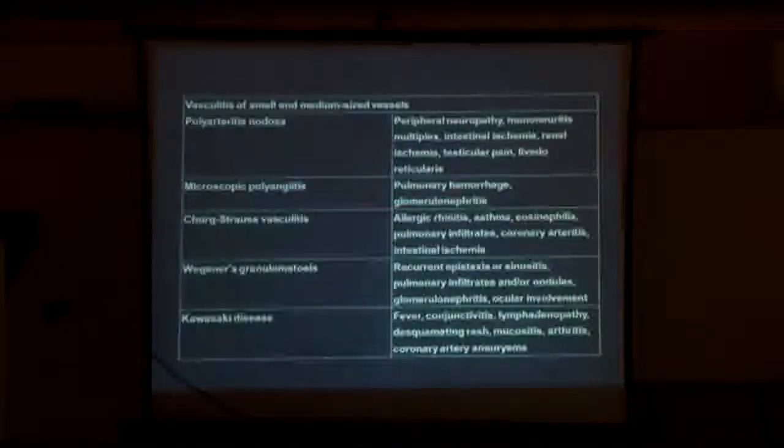Microscopic polyangiitis, where always there is involvement of the respiratory tract, in microscopic polyangiitis, in Churg-Strauss syndrome, and in Wegener's granulomatosis. In all these three conditions, you will find pulmonary infiltrates to be present, and in some of them you will find raised eosinophil counts.